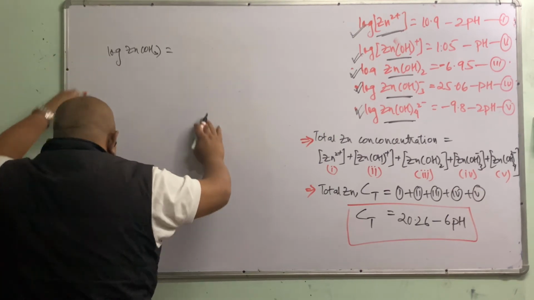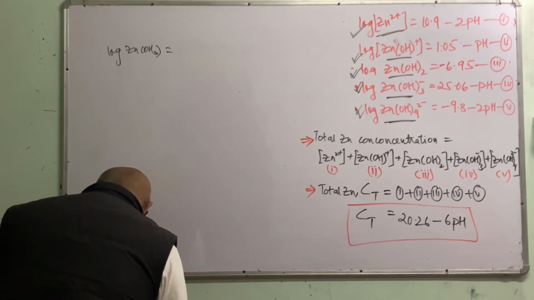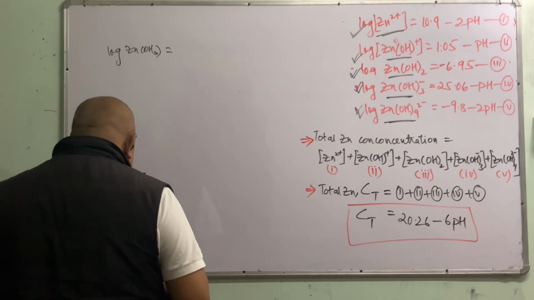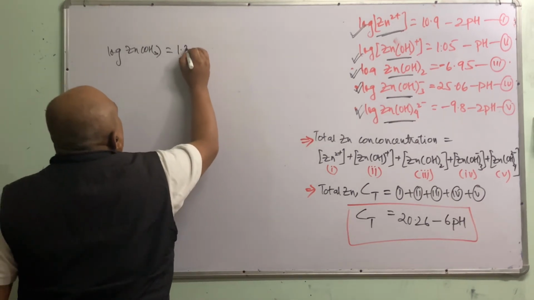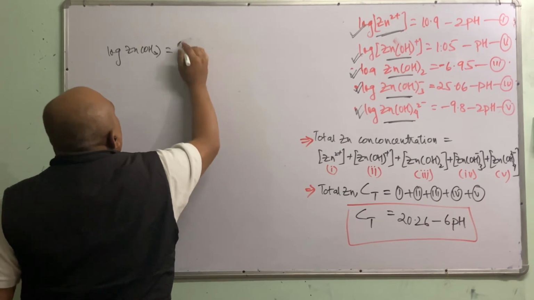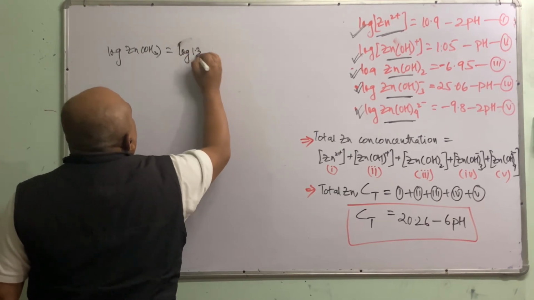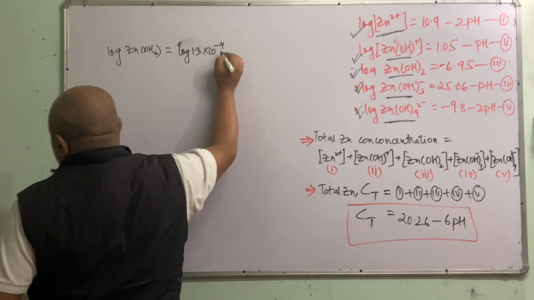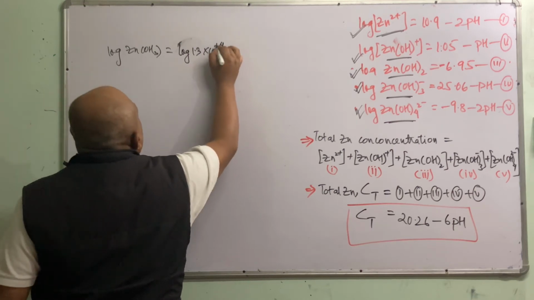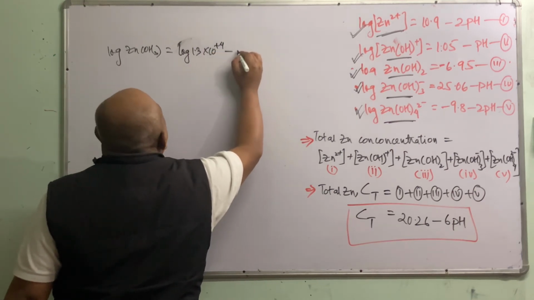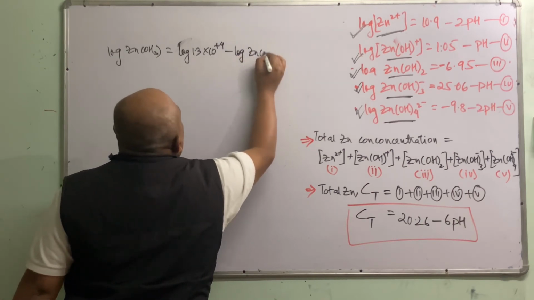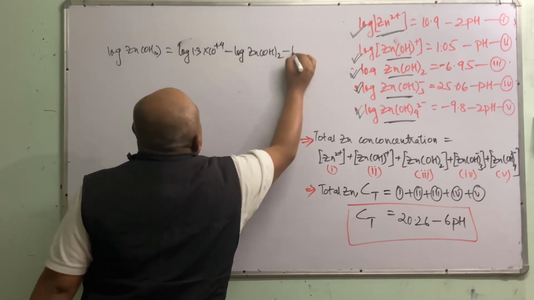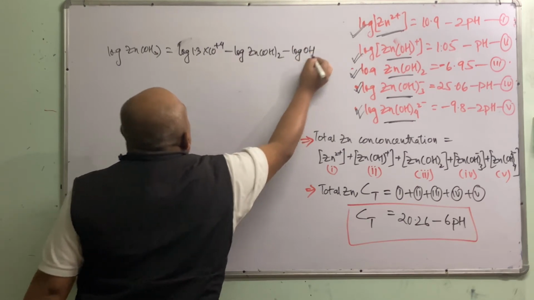The value is 1.3 into 10 to the power 4. Minus 4 or plus 4? It's plus 4, minus log of ZnOH2, minus log of OH.